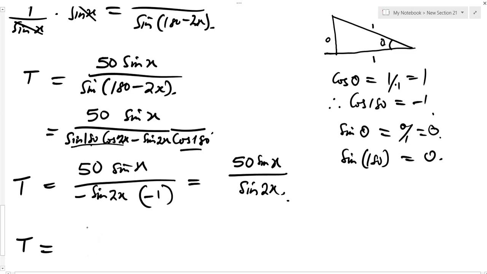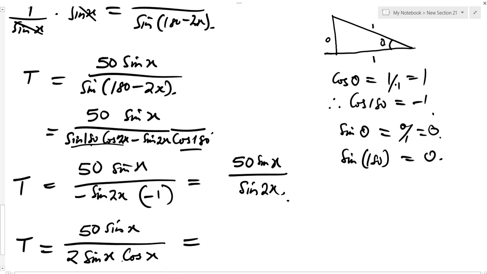According to the trigonometric laws, sine 2x is the same thing as 2 sine x cos x. So if sine x cancels sine x here, you are now left with 50 all over 2 cos x.